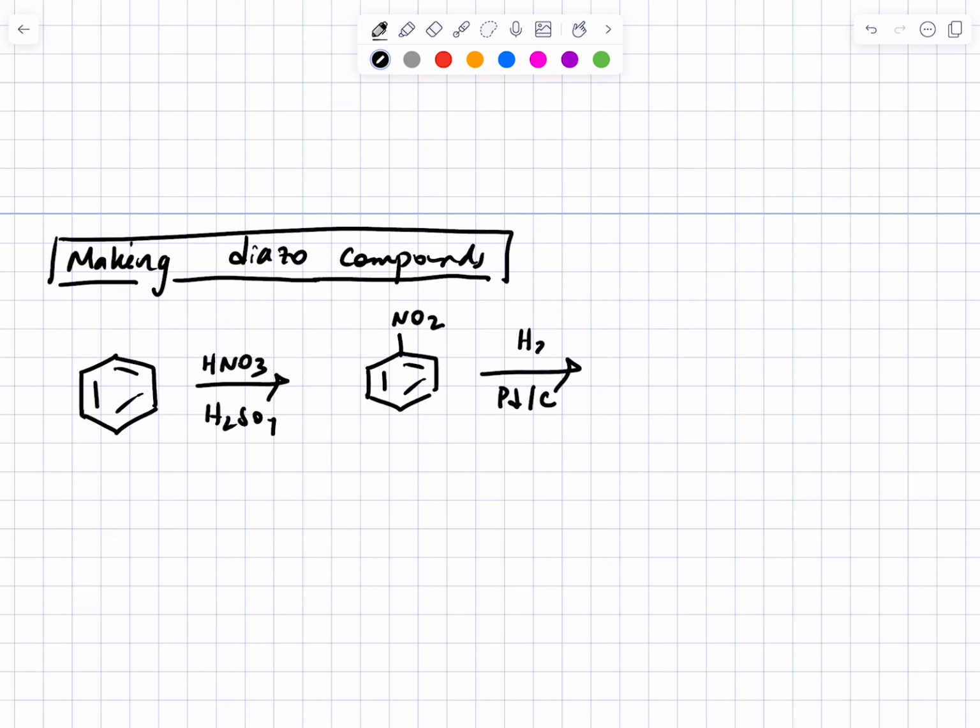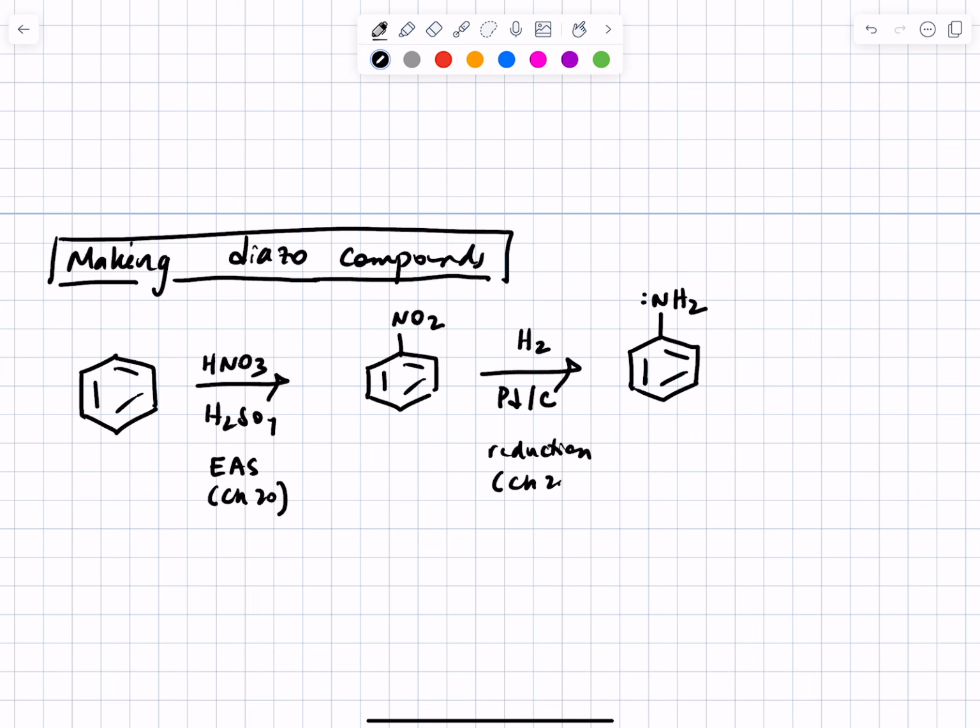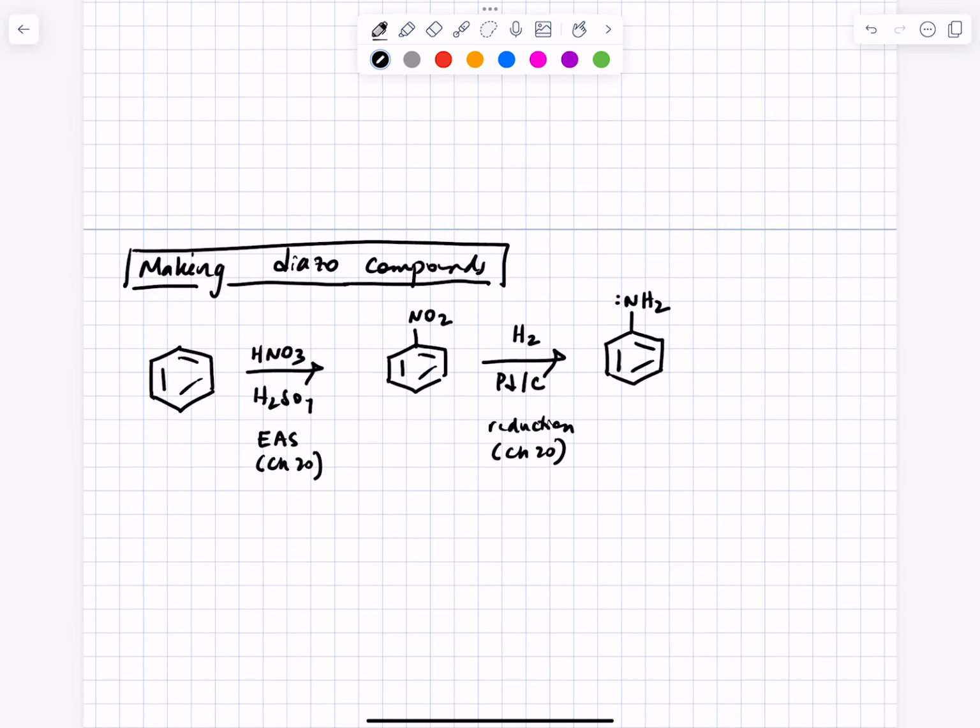That reduces the nitrobenzene to aniline, or the benzene ring that's attached to an amino group. Okay? So that first reaction is just an electrophilic aromatic substitution from chapter 20. This is one of these derivatization reactions, a reduction reaction, which was also introduced to you in chapter 20.